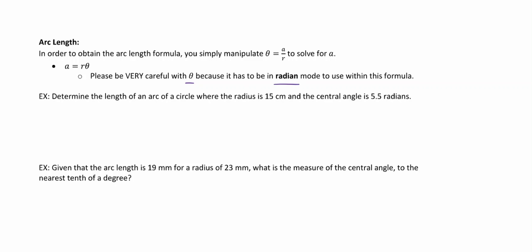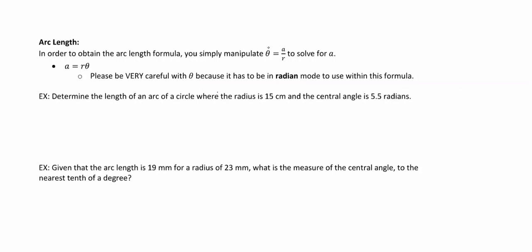The questions, especially diploma questions, are tricky that way. They're trying to see if you know that. Quite often they'll give you the angle in degrees, hoping that you'll put that number in for your angle, and then get the wrong answer for A when you solve for it. So just be careful on that.